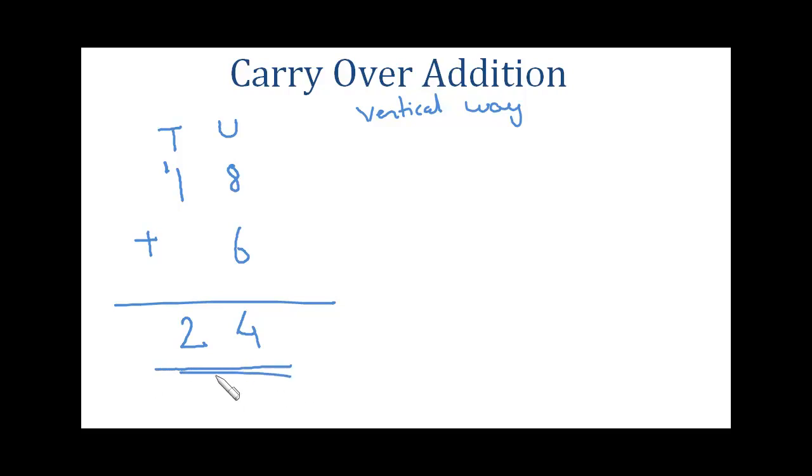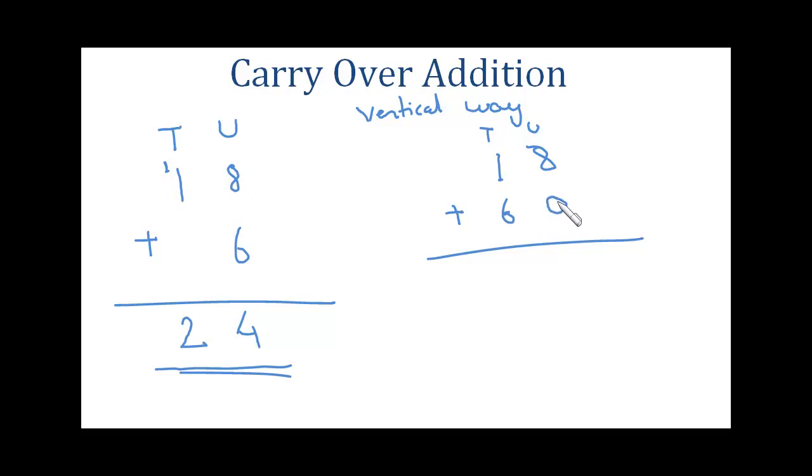24. Right? In this you have to take care that you don't write the single digit number, which is the unit, under the tens place value, or else you'll get the wrong answer. Because suppose if you write 18 plus 6 like that, in tens and units, it will be assumed that there's nothing there.